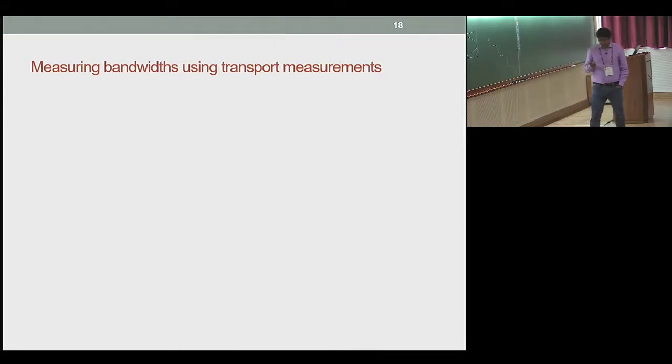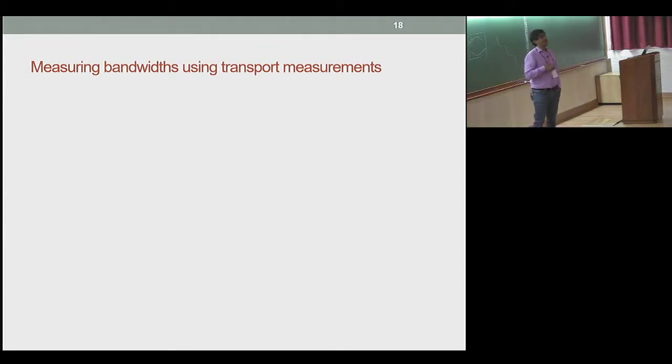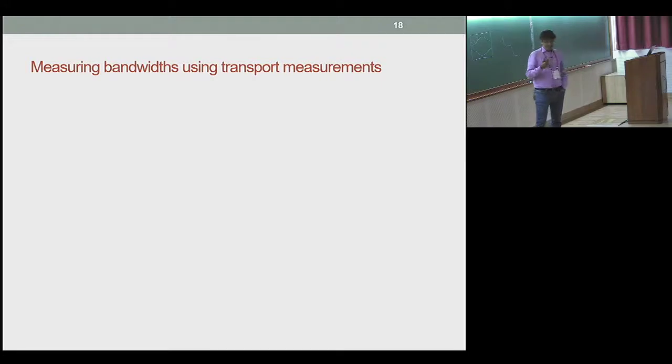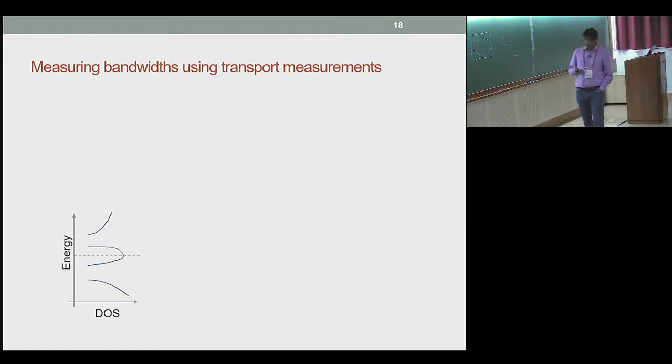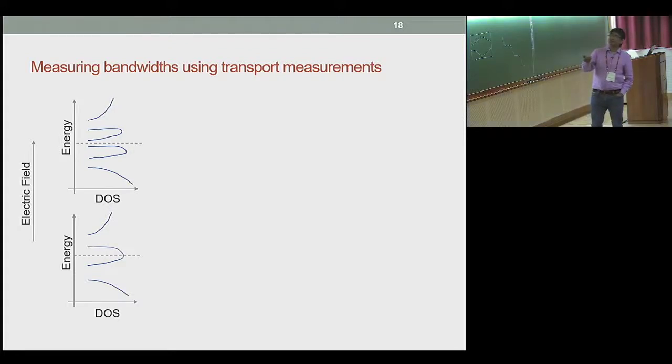Now, one additional thing that we have been working on, and something that's key to understanding interactions in these systems, is what happens to the bandwidths as a function of different knobs. In our case, the most powerful knob is perpendicular electric field. So in a particular part of the parameter space, as we apply an electric field, as we open up a band gap due to the electric field, and we realize two flat bands, in this regime, when you have two flat bands, you can actually write up a simple model to understand the metal insulator transition and extract out the bandwidth.